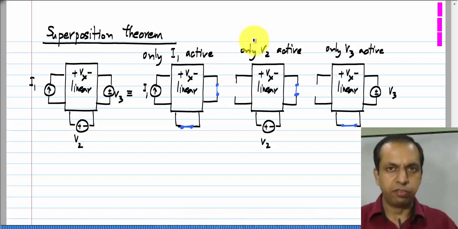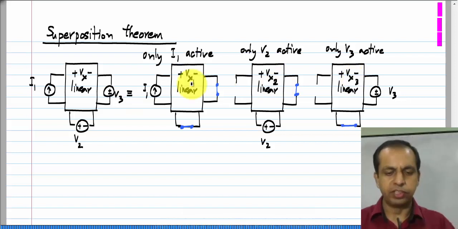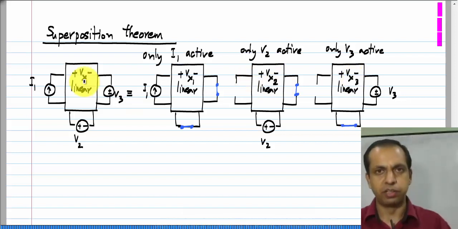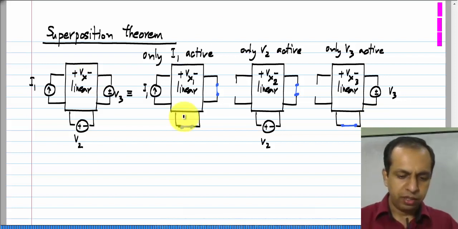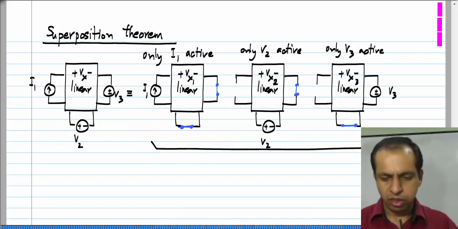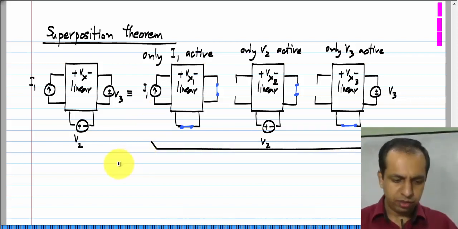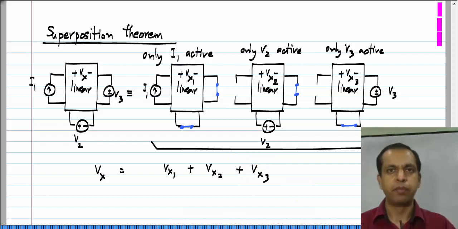I measure V x with each of these cases. I could label this V x 1, V x 2 and V x 3. It is the same place that I measure V x. It is across the same branch, let us say, or between the same 2 nodes. Then I will superpose these cases and find the solution. V x is V x 1 plus V x 2 plus V x 3.